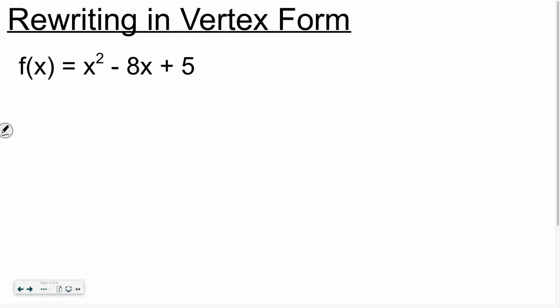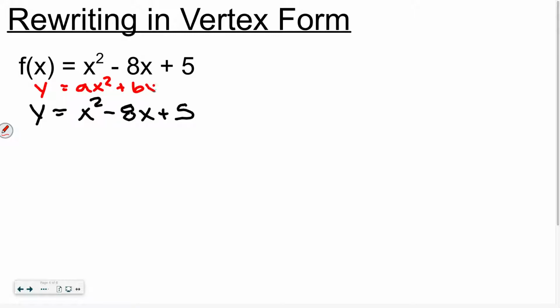The equations we worked on yesterday, we actually said they were equal to 0, and now we're saying it's equal to f of x. F of x is a fancy way to write y. Okay, so this is y equals x squared minus 8x plus 5. If you think back to chapter 1 when we had different forms for a quadratic, would you agree that this is like y equals ax squared plus bx plus c?